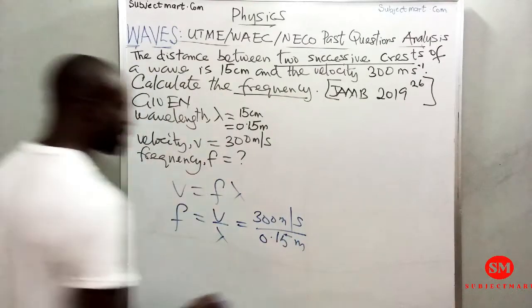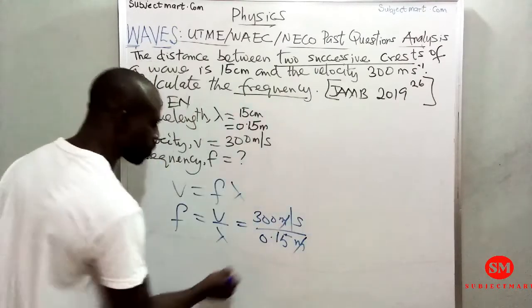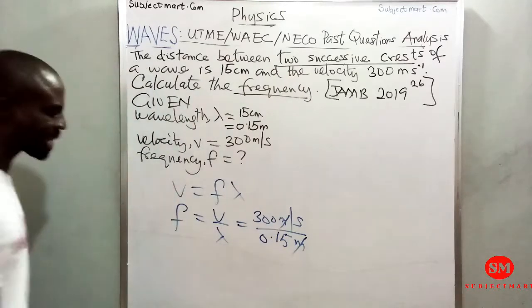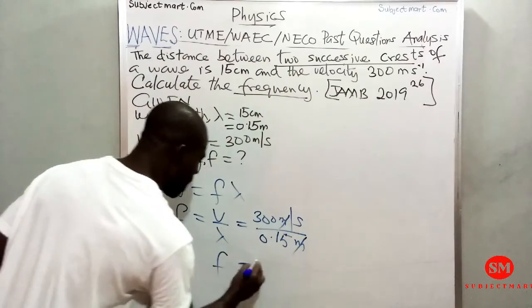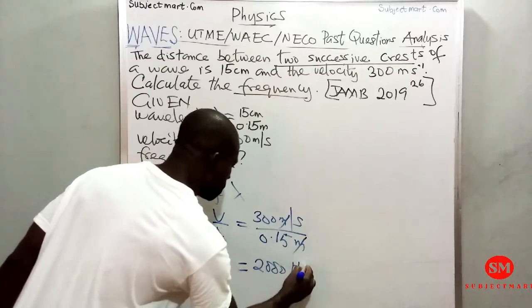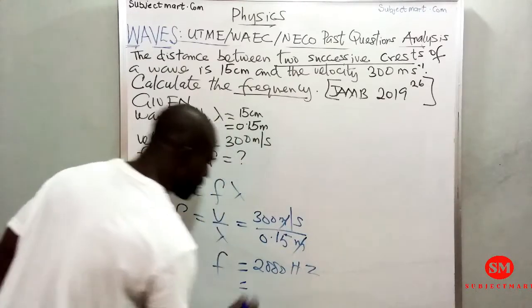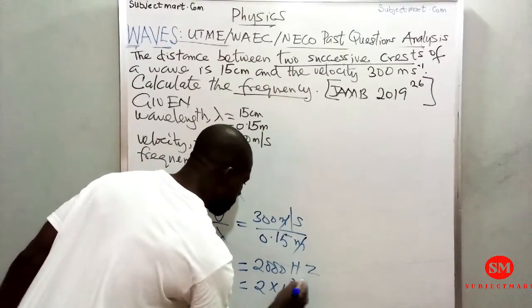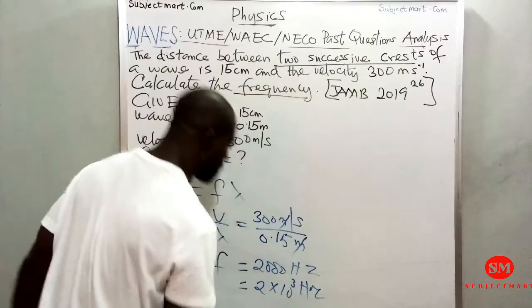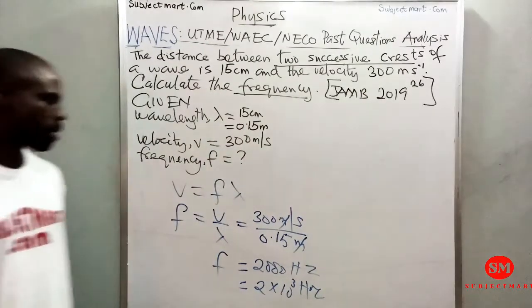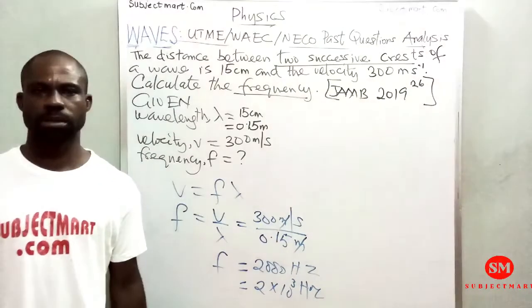Right, now meters cancels meters. If I divide these two, the answer is going to give me frequency as 2000 hertz. In scientific form, it's 2 times 10 to the power 3 hertz. So the frequency is 2 times 10 to the power 3 hertz.